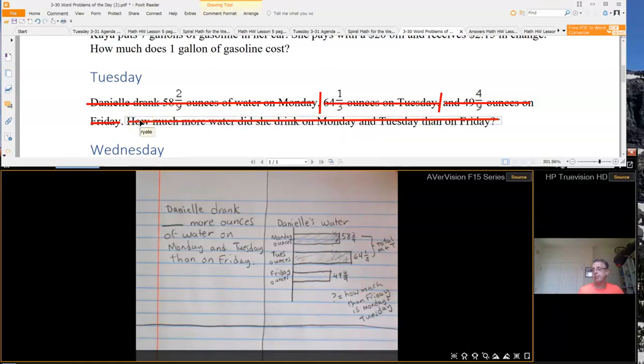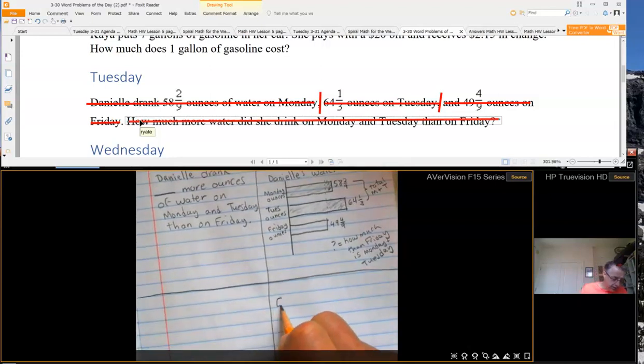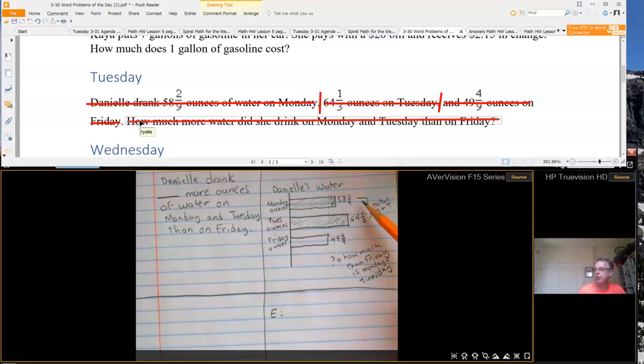Now it's time for me to solve it by first bringing up an expression. The expression that I'm going to be using: I'm going to look at my model, and I think what I'll need to do is total up my Monday and Tuesday first. So I'll put 58 and 2/9 plus 64 and 1/3, and I'll put that in parentheses because that's what I want to do first.